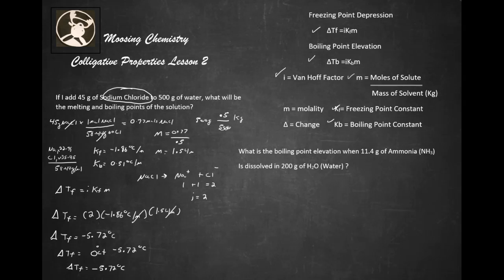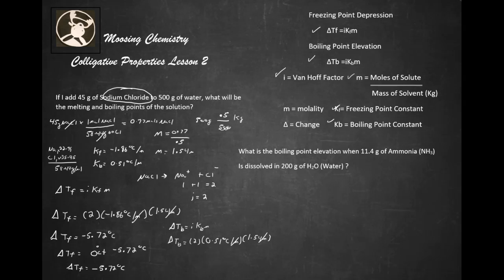But what about the boiling point? So what's the new boiling point? Well, we take delta TB equals i Kb m. All right, now remember same van't Hoff factor, so we can say delta TB equals 2 times 0.51 degrees C over m times our molality, which is going to be 1.54 m.